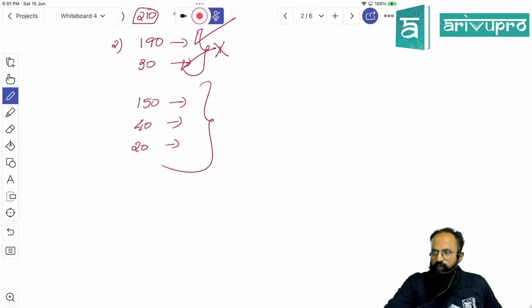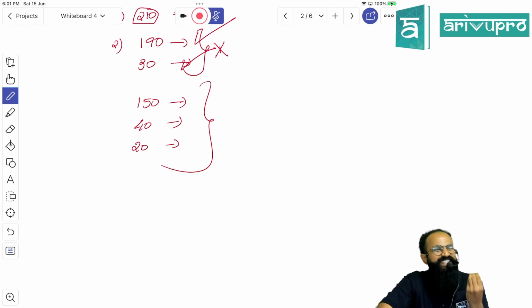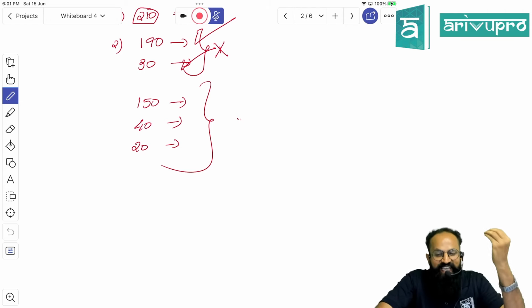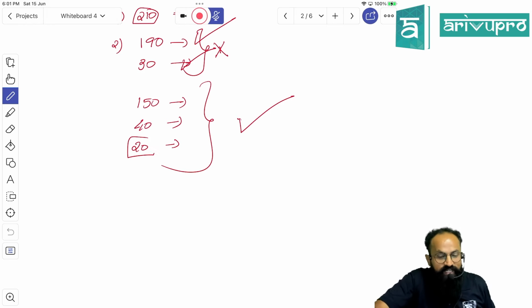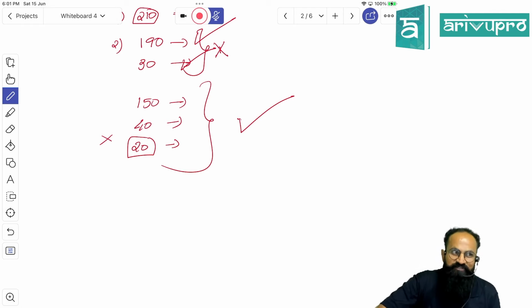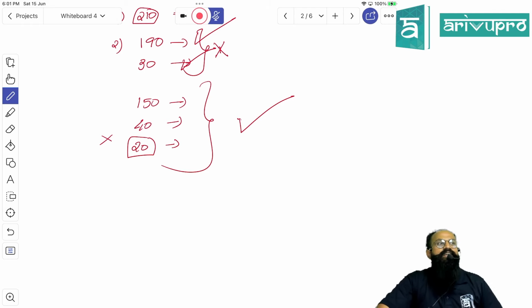So can I give it or not? Yes, I can issue. It is possible because debenture holders are not included in the definition of members. Members are only equity and preference.